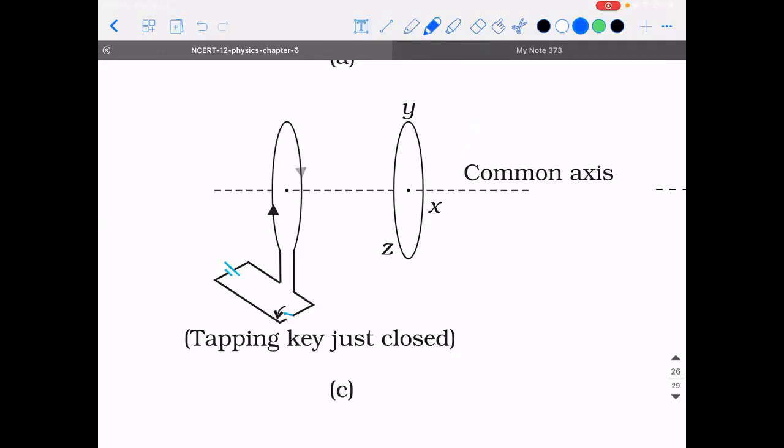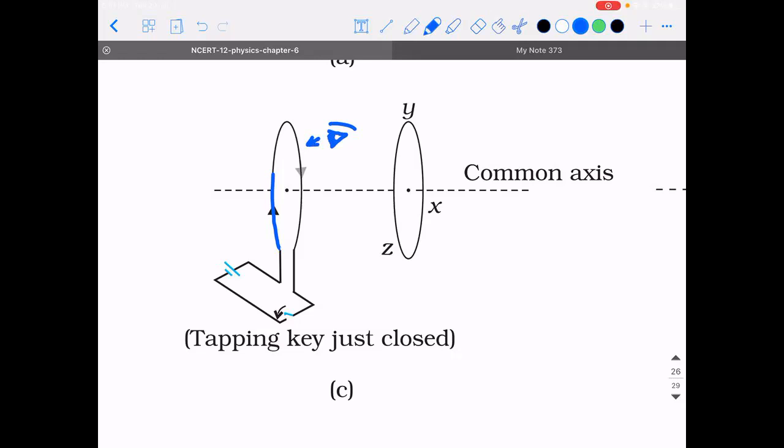Okay. Suppose you're looking at the current carrying coil from this side. What is the direction of current according to you?